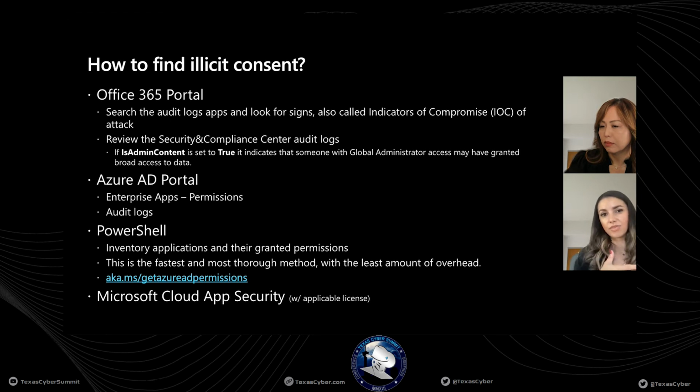Not only does it give you that data, but it also has some nice pre-canned reports that you can analyze, that make your investigation easier, because you will see things like high-risk apps or high-risk users that consented maybe to risky permissions, or applications that are not Microsoft registered or not Microsoft first party. That's the one that I will show you in a minute, just how the export looks like and how you can really benefit from that type of analysis.